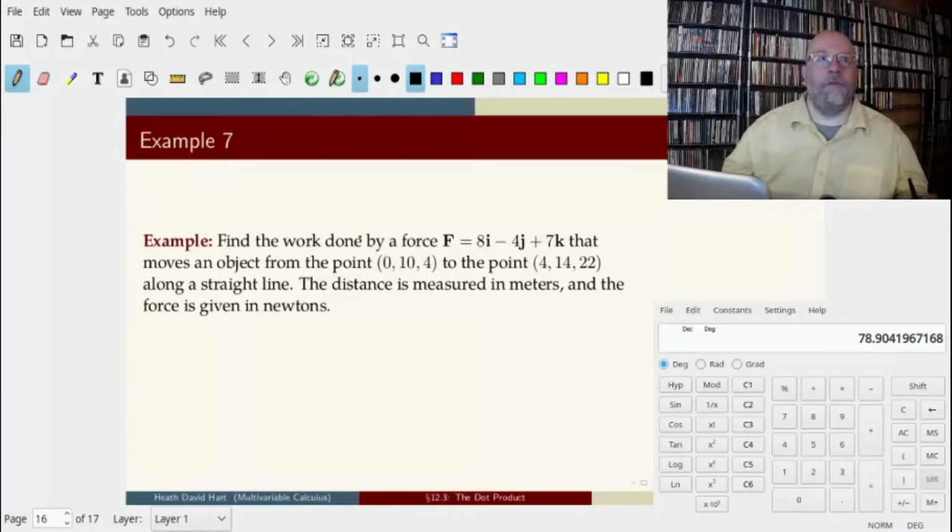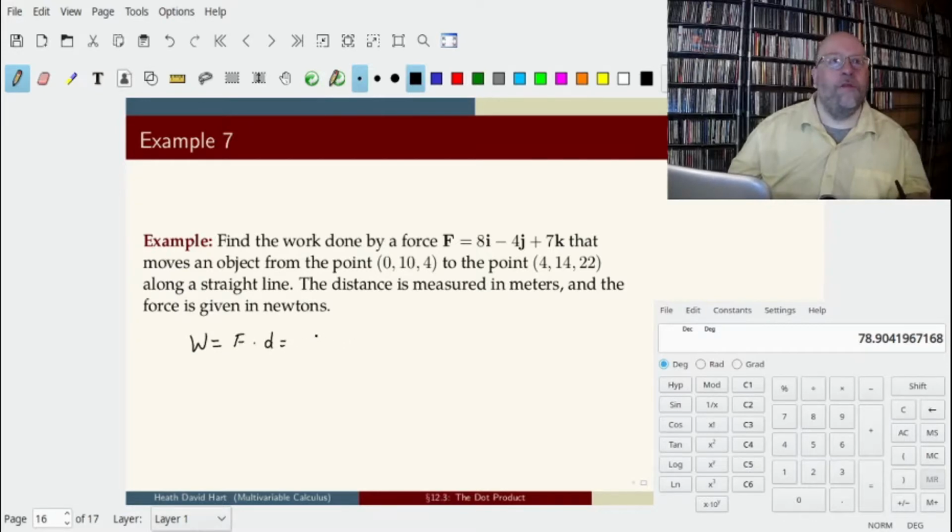So let's find the work done by a force that moves an object from the point (0, 10, 4) to the point (4, 14, 22) along a straight line. The distance is measured in meters and the force is given in newtons. Okay? So the work is equal to the dot product of the force with the distance.